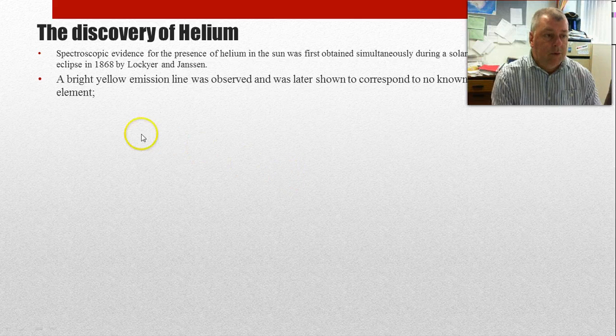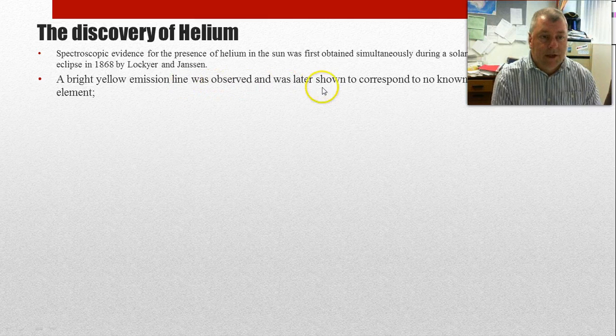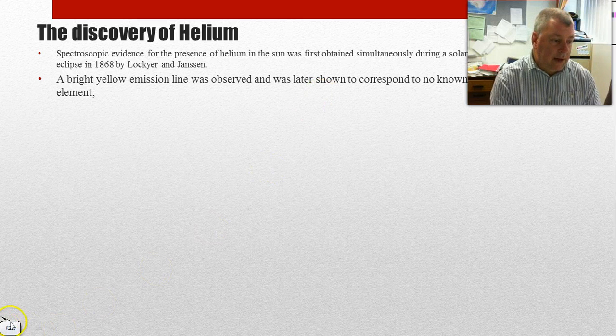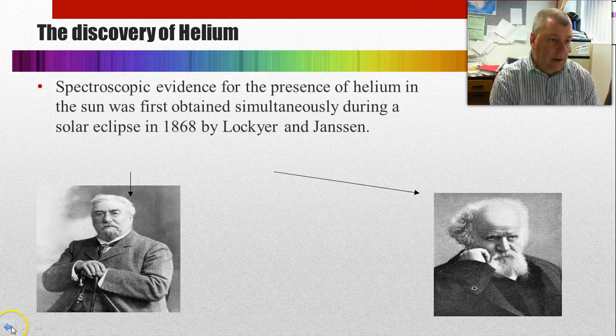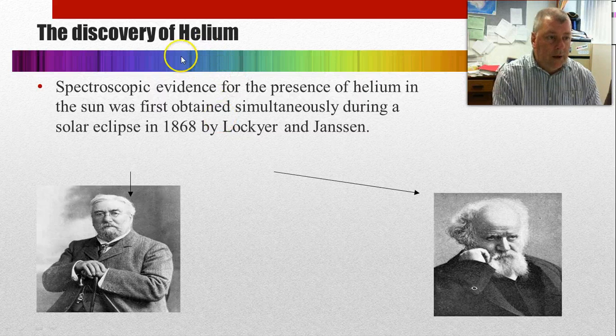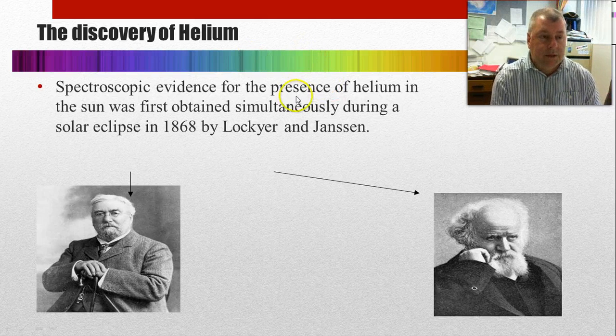Okay, so what they observed was a bright yellow emission line, which was later shown to correspond to no other element. And so what they did, if we went back, is they'd sampled all the elements in the periodic table, put them through various flame tests and things, and looked at their spectral lines, and then these guys and everyone else who was working on it at the time subtracted all the known elements off these lines.